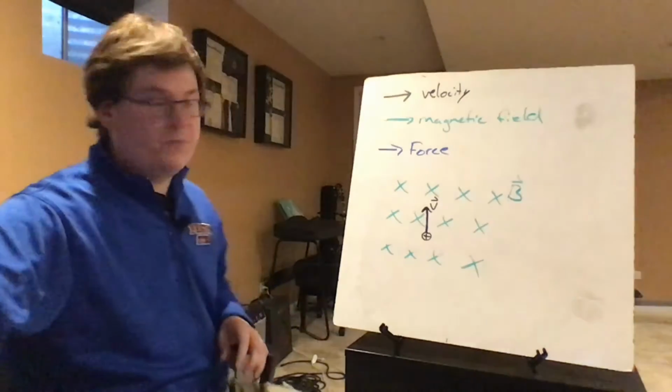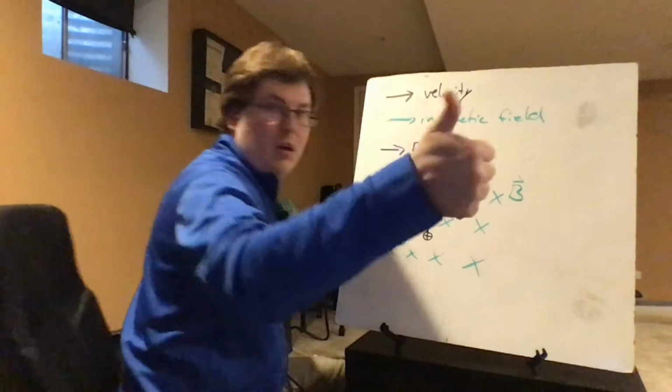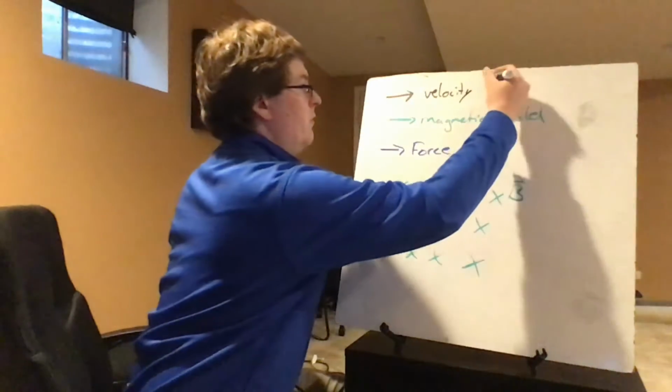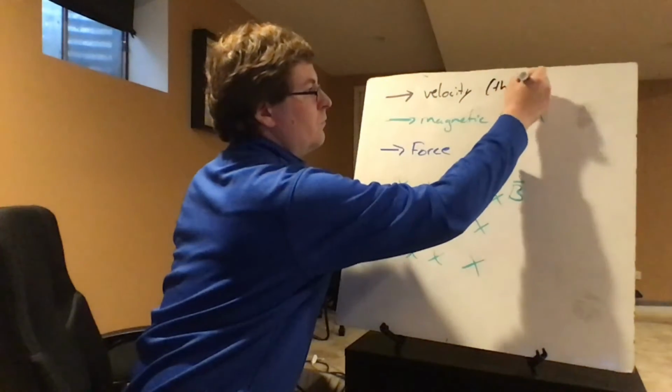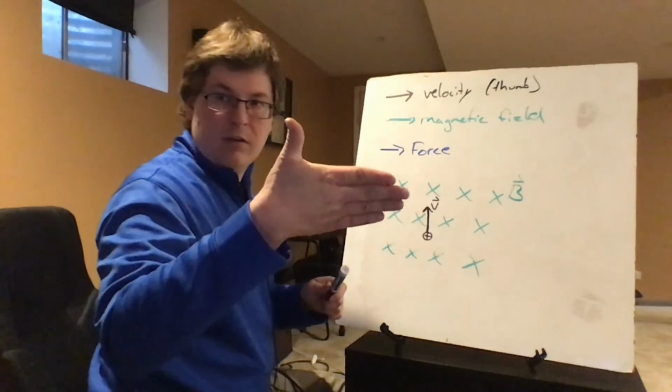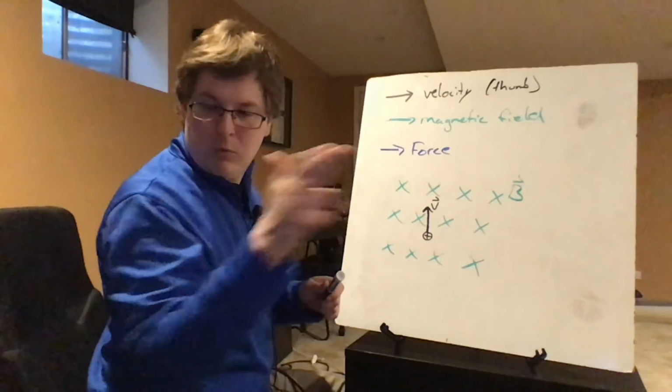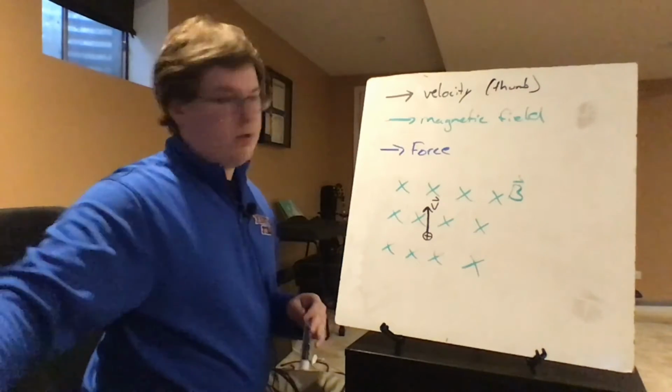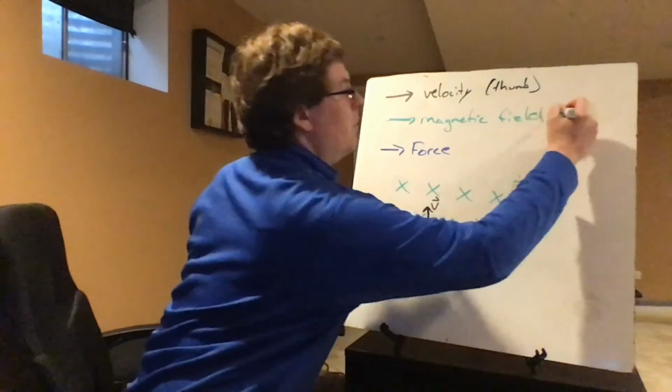Just remember, thumb is always the direction of the velocity. Fingers, if you hold them at a right angle and make a little finger gun, fingers are always the direction of the magnetic field.